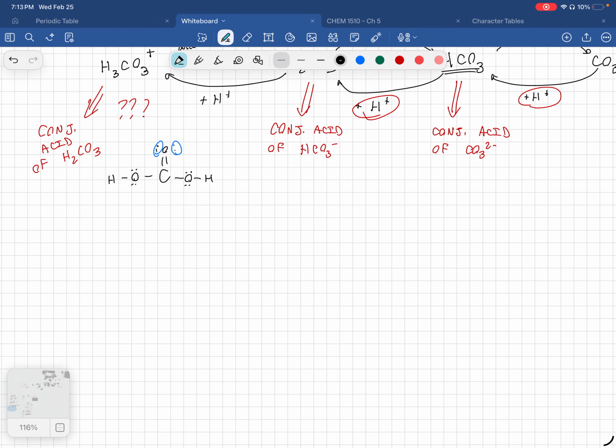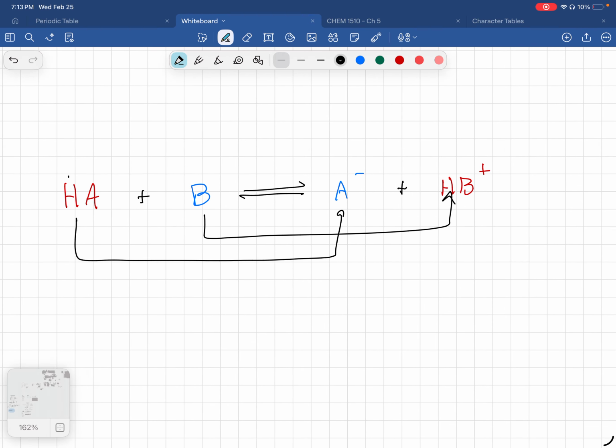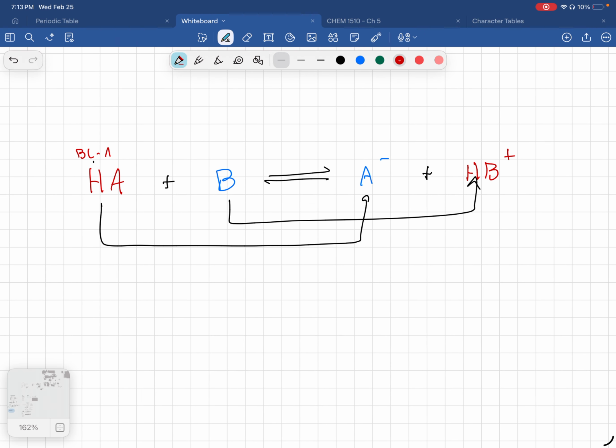Now, the last thing to note here is that for any proton transfer, whatever your Bronsted-Lowry acid and your Bronsted-Lowry base are, they turn into their conjugate form in the process.